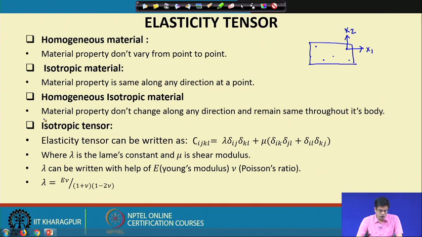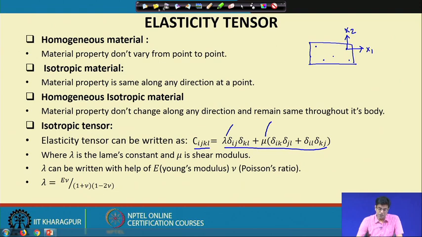Now, if you remember the isotropic elasticity matrix, it looks like this. We will derive this equation, but let us know it first. This is known as the first Lamé constant, and this is the second Lamé constant, mu, the shear modulus. And this is how lambda is related to Young's modulus and Poisson's ratio.